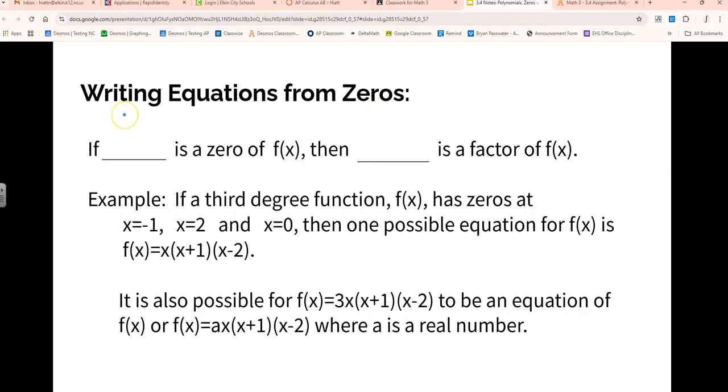Okay, so sometimes they will give us the zeros and ask us to write the equation. So if a is a 0 of f of x, it could be any number, right? If a is a 0 of f of x, then x minus a is a factor of f of x.